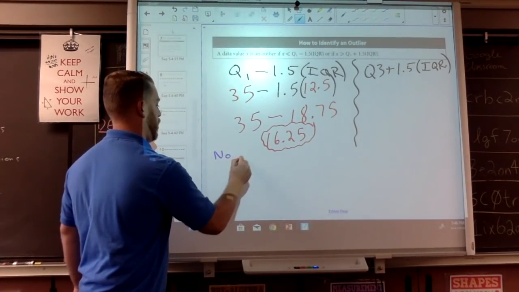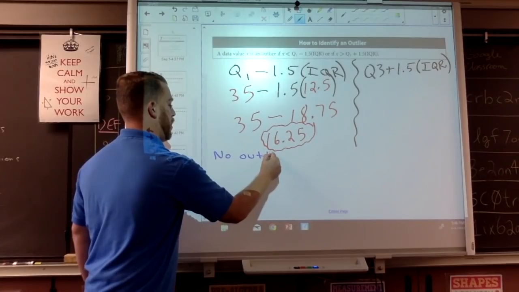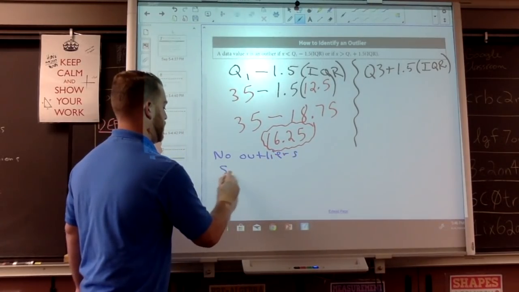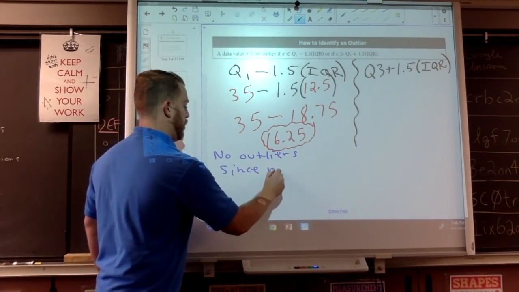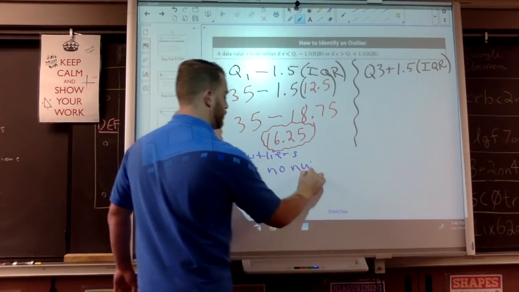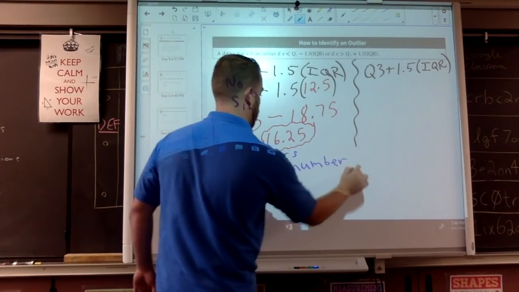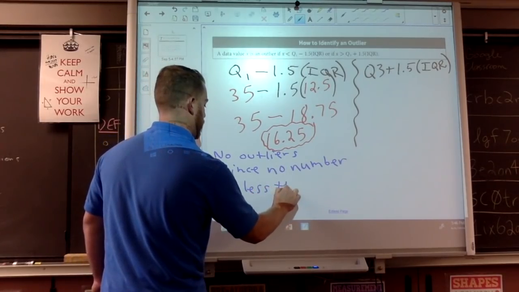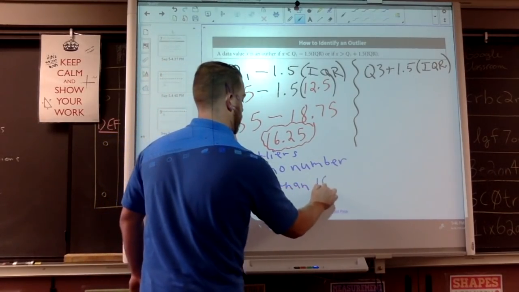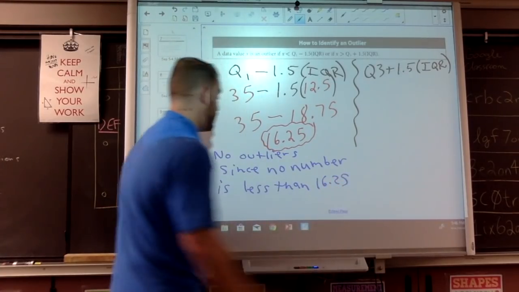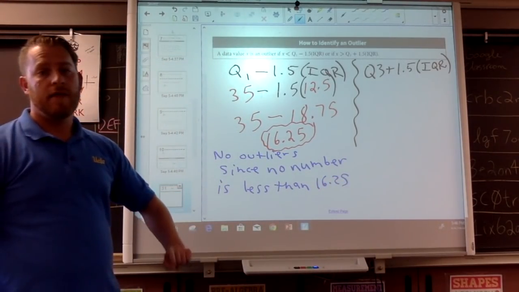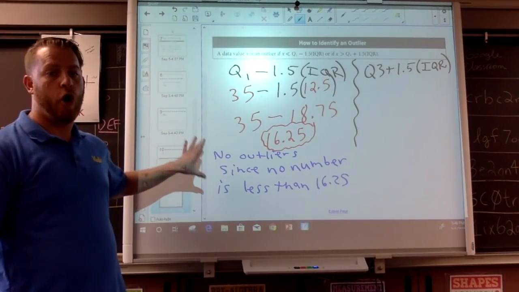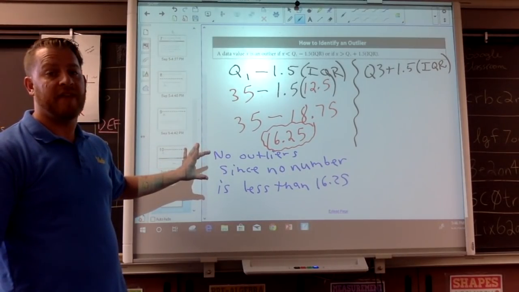No outliers, since no number is less than 16.25. So there are no outliers on the left-hand side.